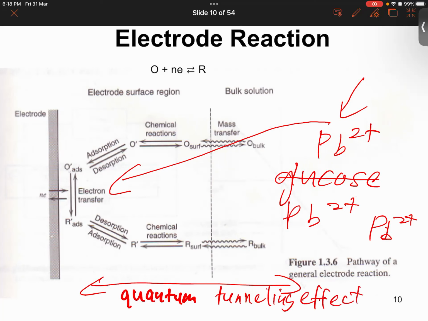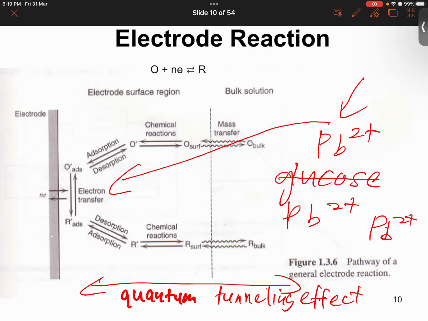The distance should be around, I forgot, around 50 nanometers, but I have to check back. If it is too far, meaning that your beaker is very big and your electrode surface is far away from your analyte, then you're not going to have a very good redox process.